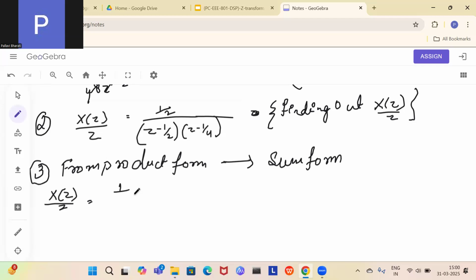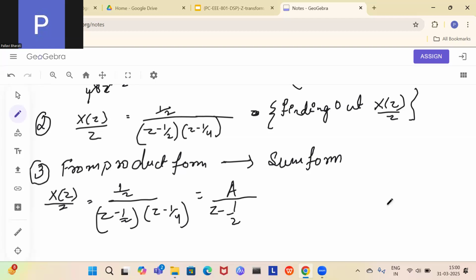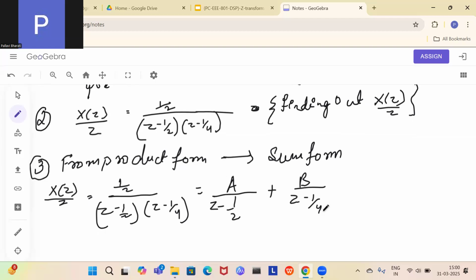On this side, you had half divided by z minus half into z minus 1 by 4. This will be equal to a divided by z minus half plus b divided by z minus 1 by 4. And now with the partial fraction method, you have to find out the values of a and b.